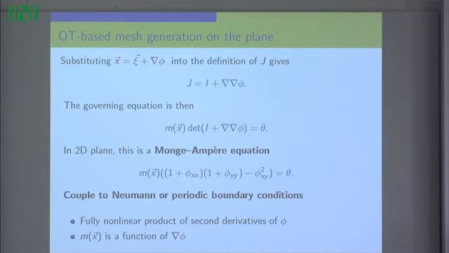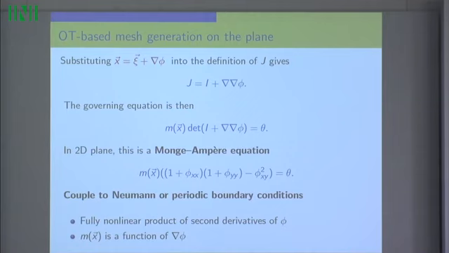Okay, so if I substitute into the equidistribution equation, the Jacobian becomes the identity plus the Hessian of phi. The equidistribution equation then becomes this: m of x times the determinant of identity plus the Hessian of phi is theta, and in Euclidean space, for example in the plane, this is the celebrated Monge-Ampère equation.